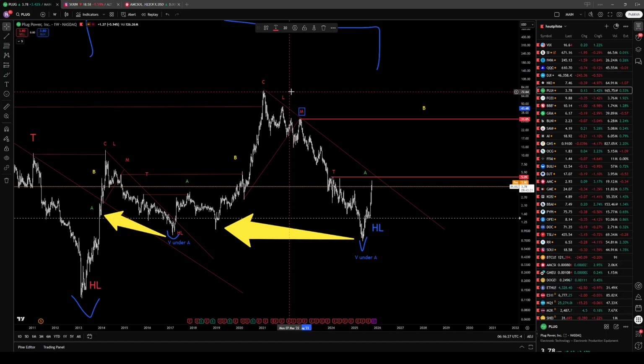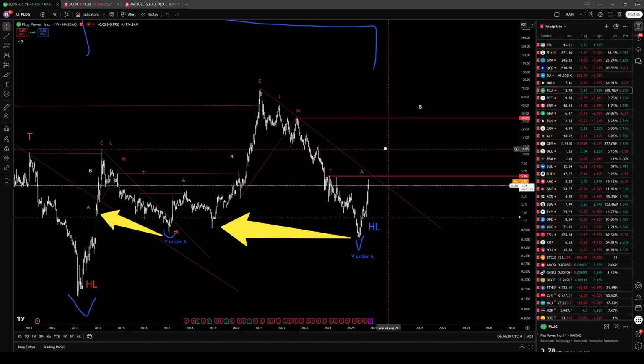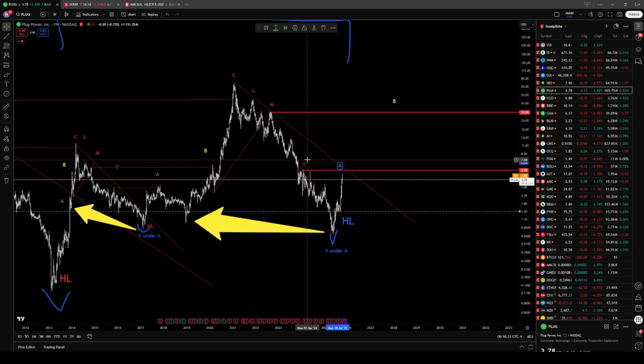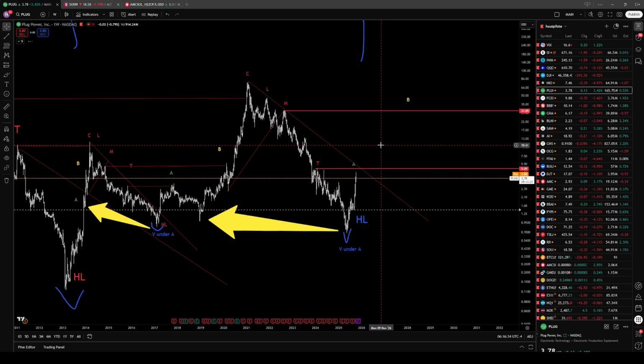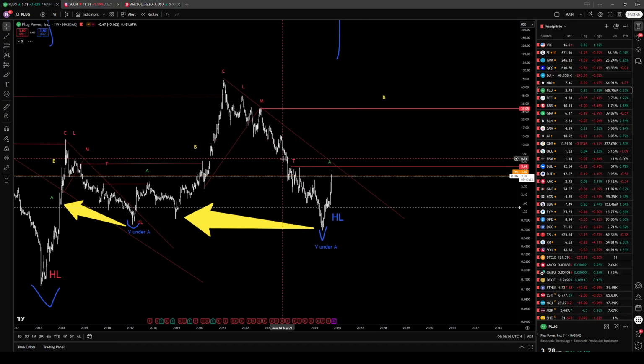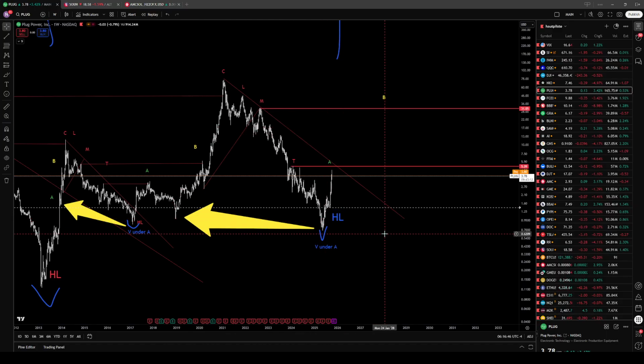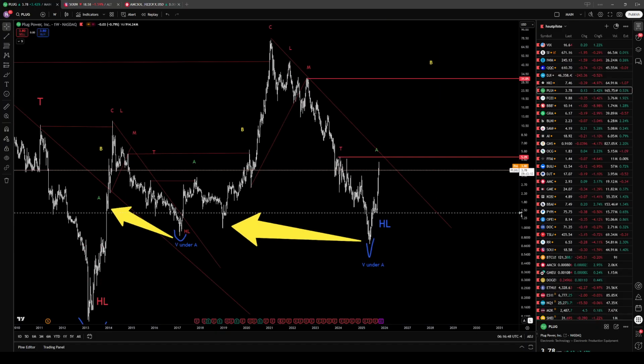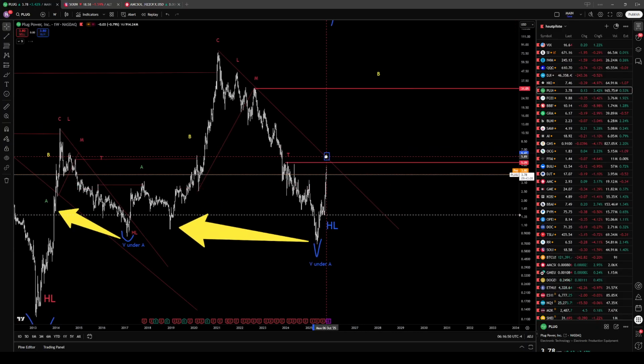This is for sure M. For T, I would say it's 50% T. For the bullish tracking, this is your T. That means, and then you had again your V under A. Your higher low is already finished. And for the bullish tracking, you already finished your A.